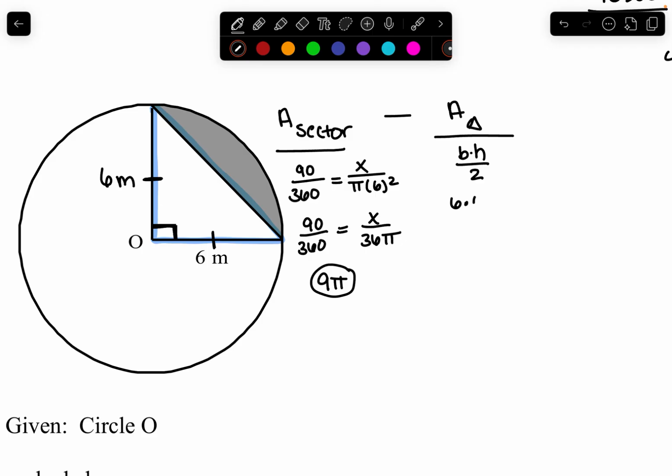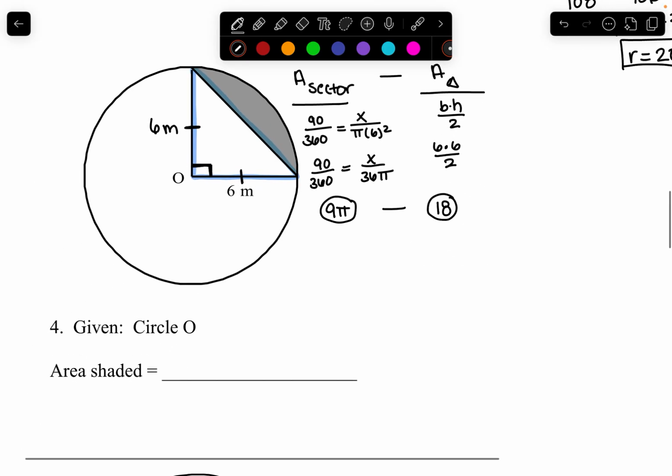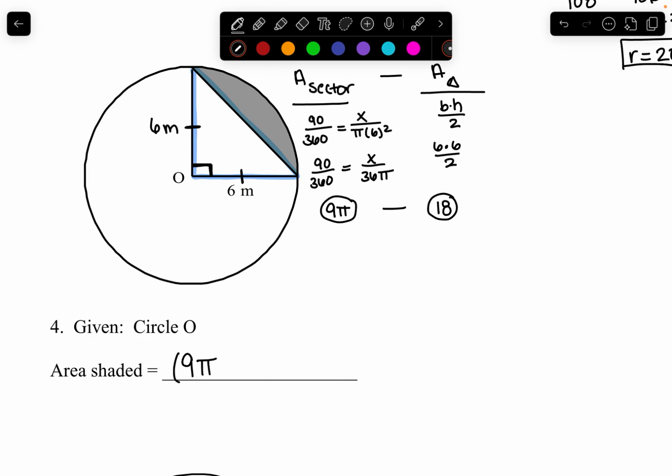So this is 6 times 6 divided by 2, and that is 18. Not 18 pi, just 18. Then I have to subtract those things from each other. Problem is, those are unlike terms, so I can't actually subtract them. So my shaded area is going to be 9 pi minus 18 meters squared for that first shape.